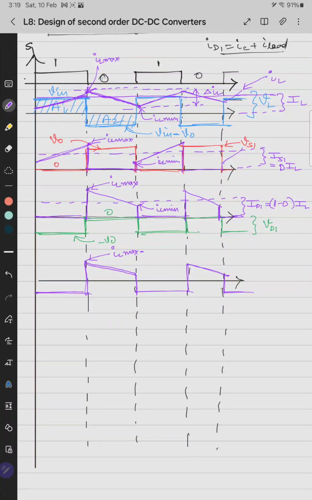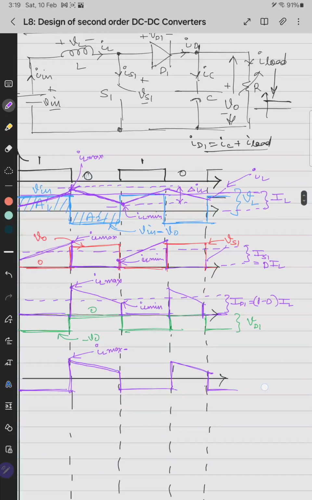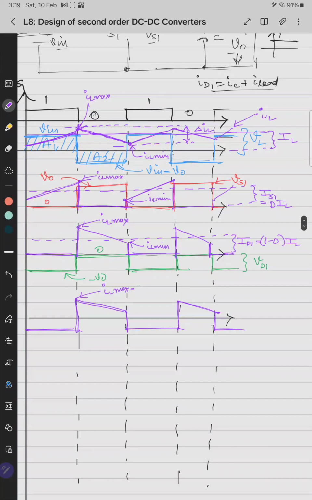It is shifted by the quantity which is equal to the load current only, minus I load. This becomes IL minimum minus I load, and this term becomes I load, which equals V0 by R. So now this becomes the area 3, this becomes the area 4.